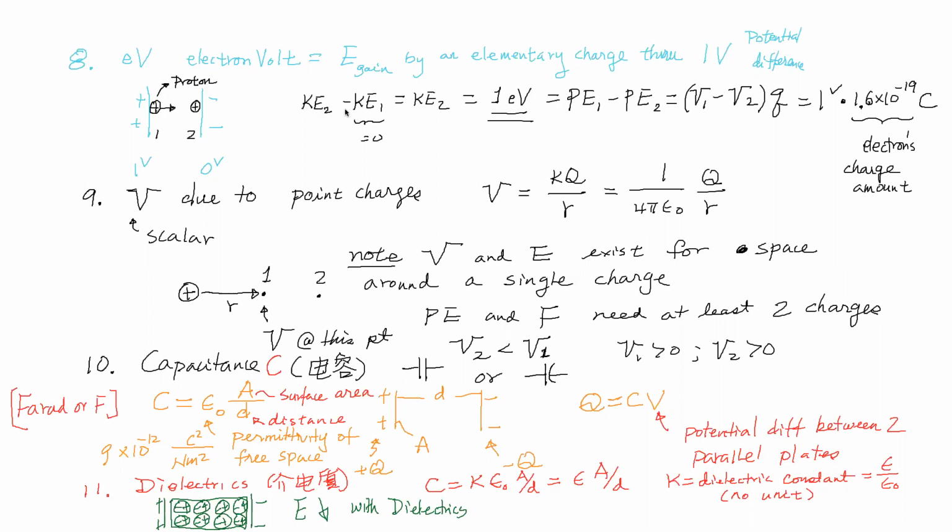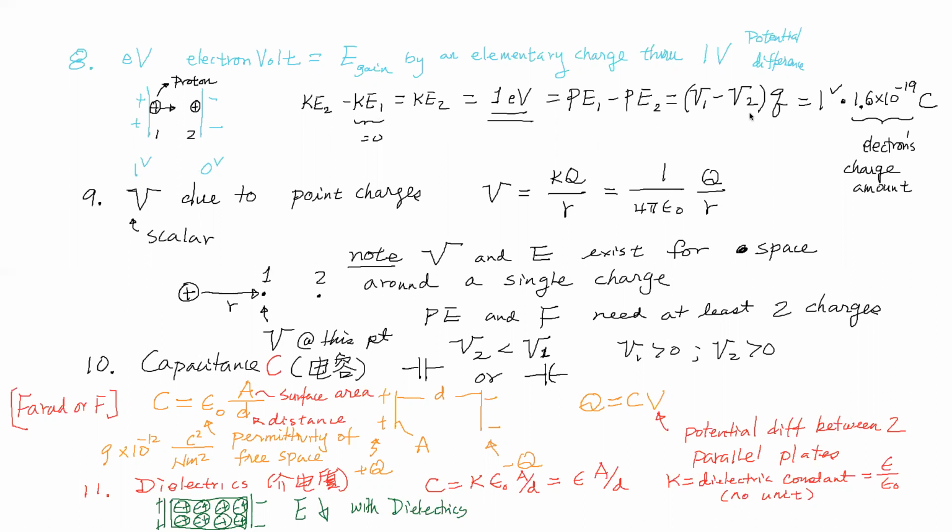So the kinetic energy difference between 2 and 1 is just KE2 because KE1 is 0. And that will be equal to 1 eV since the voltage is 1 volt on the left side and 0 volts on the right side. So that's going to be equal to PE1 minus PE2 using energy conservation.